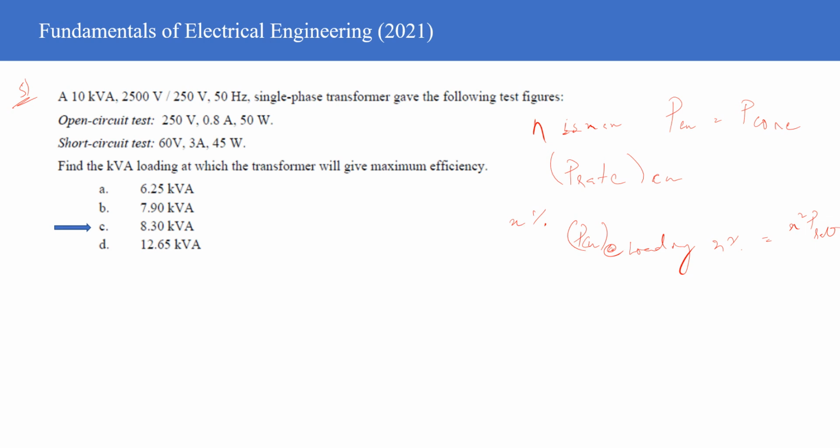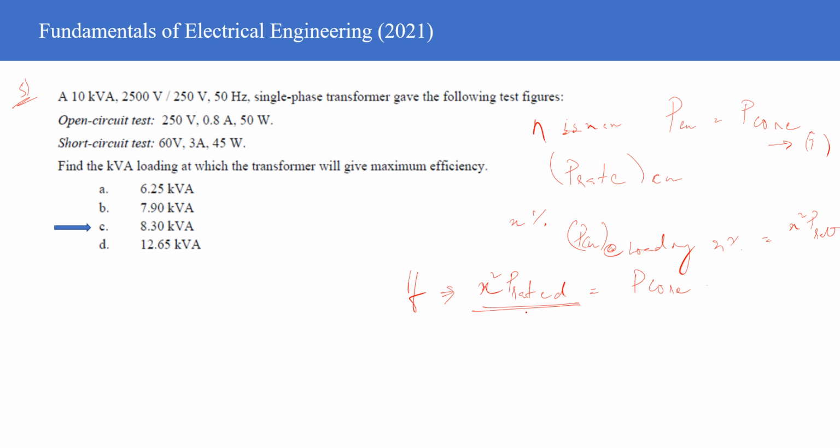So from equation number 1, when the transformer is running at X% loading, X square into P rated is equal to P core.